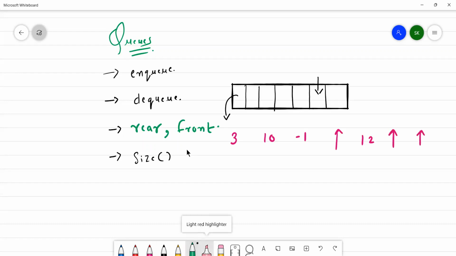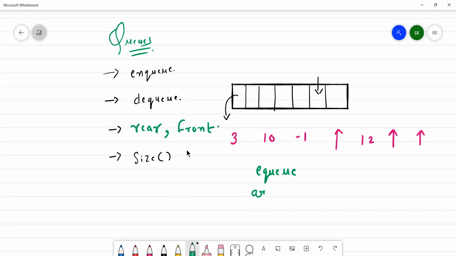For the insertion, can anyone tell me what will be the operation? Enqueue is obvious here, but I am asking what function I should write.